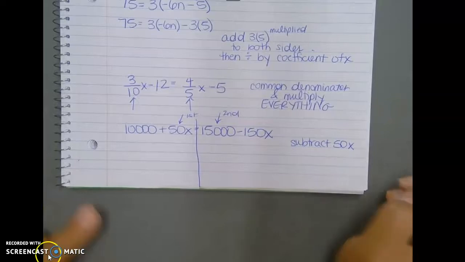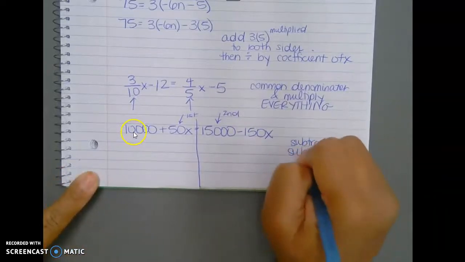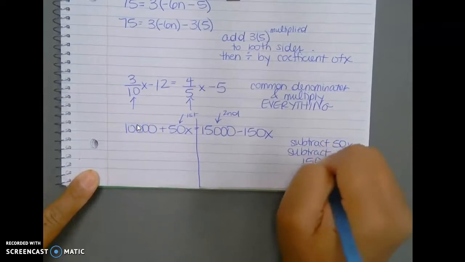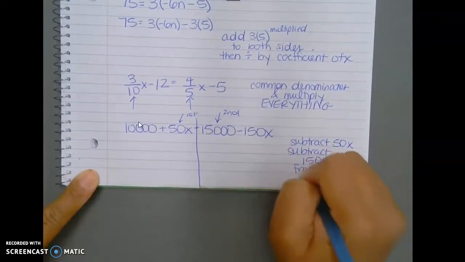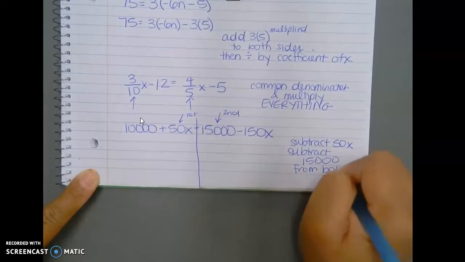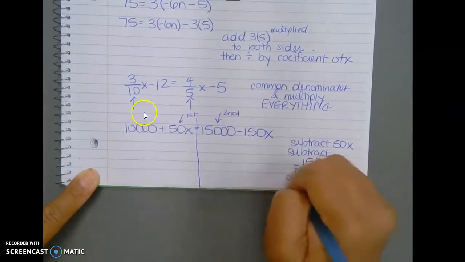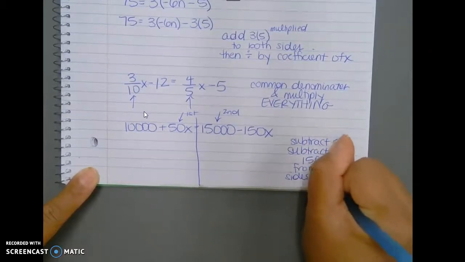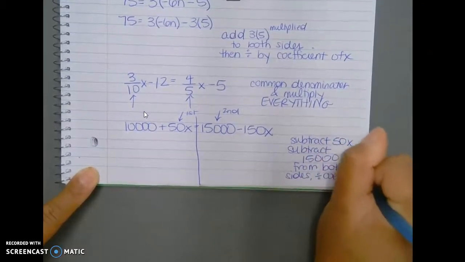So then I would subtract 15,000 from both sides. And then I would divide by your coefficient of x.